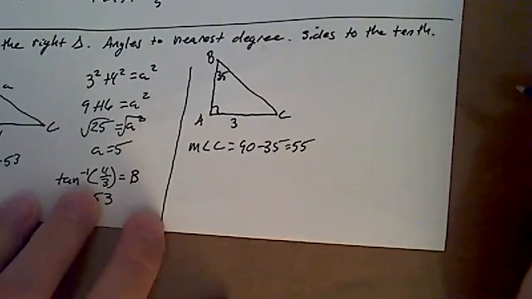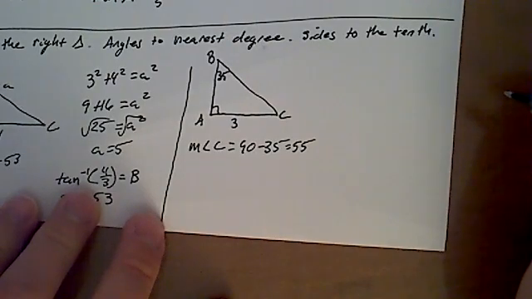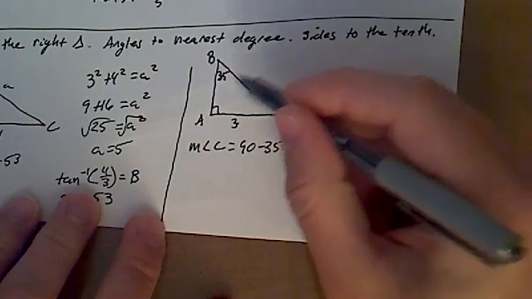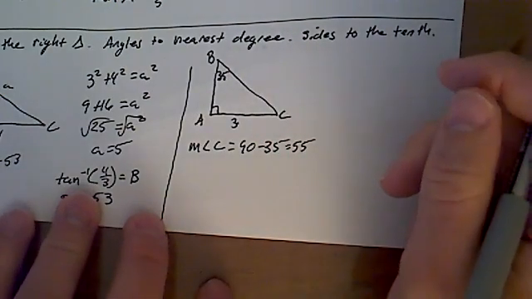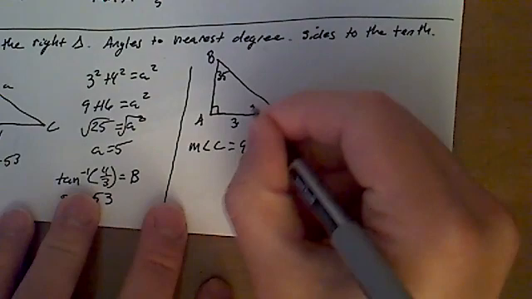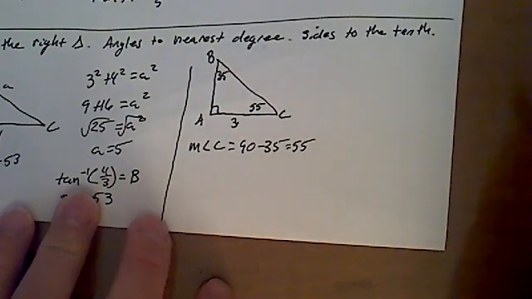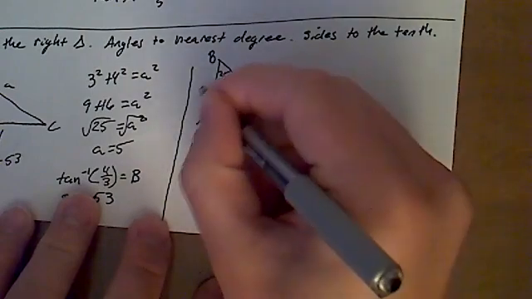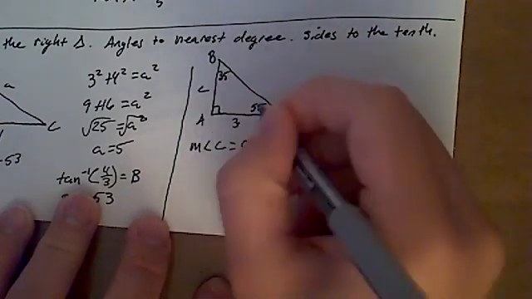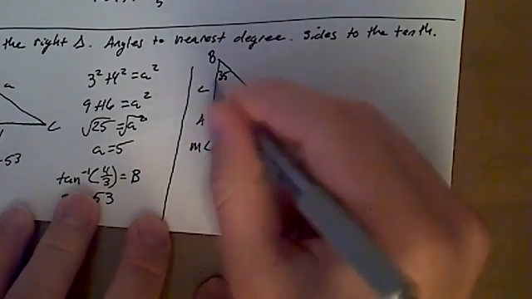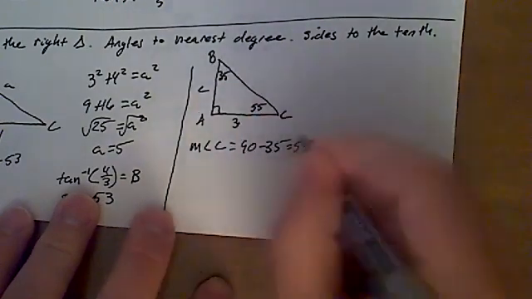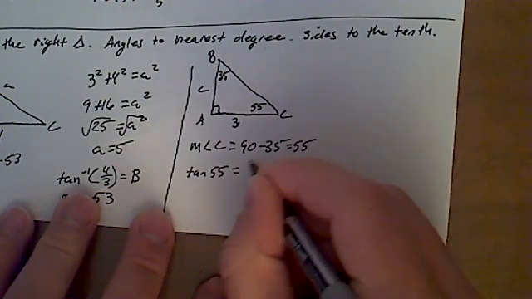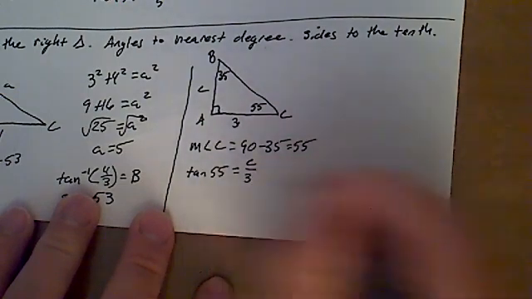From there, we're using the sine, cosine, and tangent. 3 is the side that is opposite 35, right? We also know that this is 55. So we might say that we're looking at 55. C is the opposite over the adjacent, right? So tangent of 55 is opposite over the adjacent.